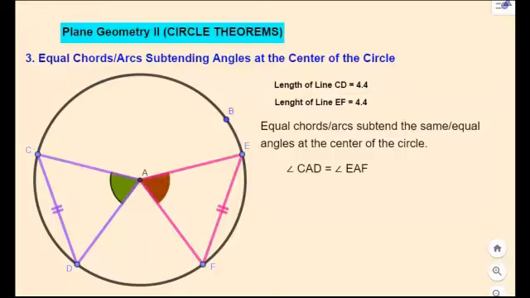We can say that angle CAD is equal to angle EAF, all because the chords that subtend them are also equal.